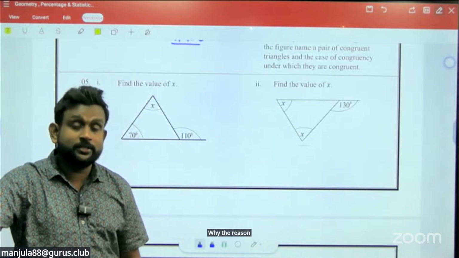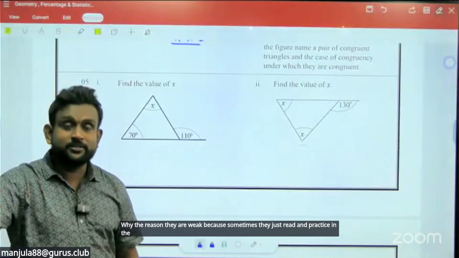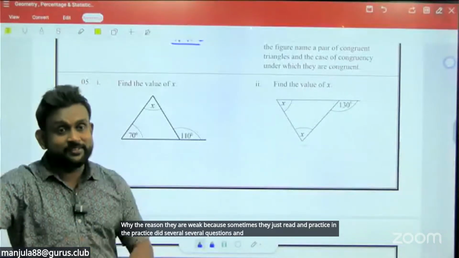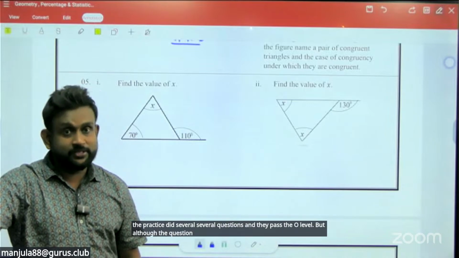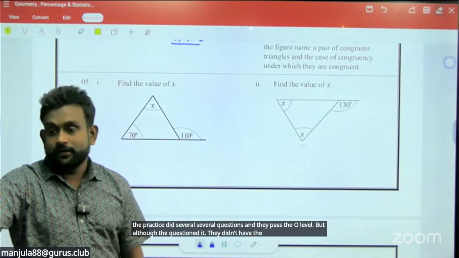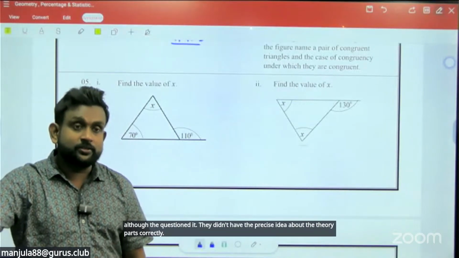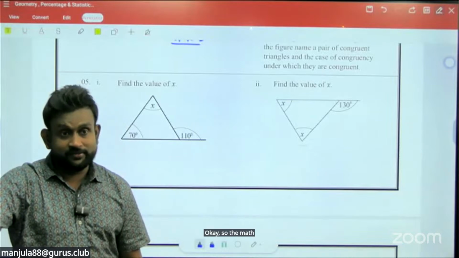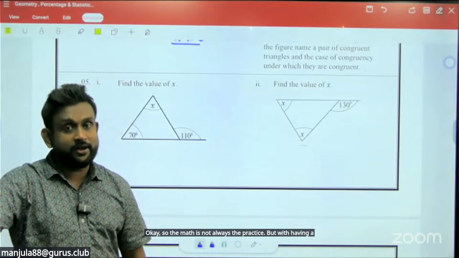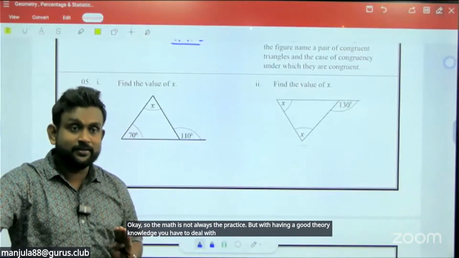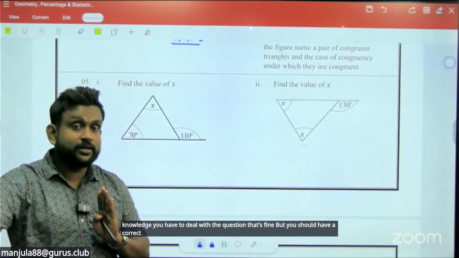Because sometimes they just read and practice several questions and pass the O level, but although they did the questions, they didn't have a precise idea about the theory parts. Maths is not always just practice. With good theory knowledge you have to deal with the question. You should have 100% accurate theory.